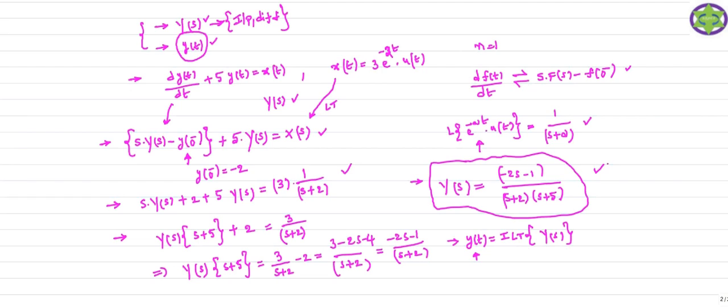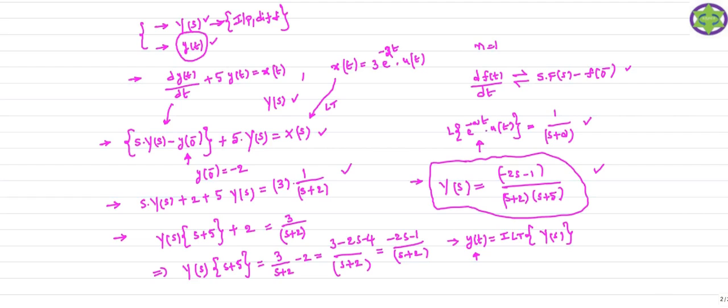While calculating the inverse Laplace transform, I already told you, don't use the formula that I gave in the introduction lecture. We have a separate method for finding the inverse Laplace transform, the partial fraction expansion method. Using that method we find the response of the system, not the direct formula. So this is your step number 2.